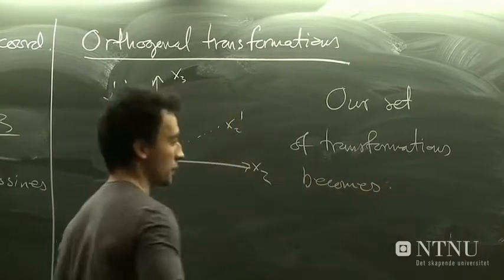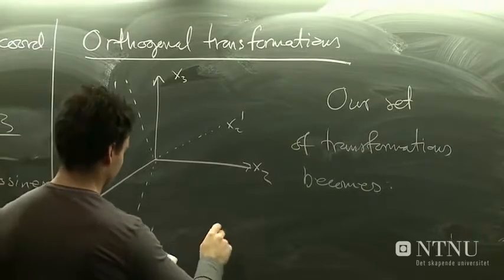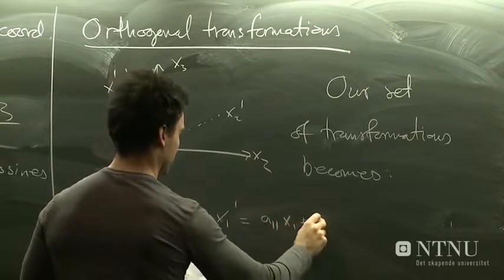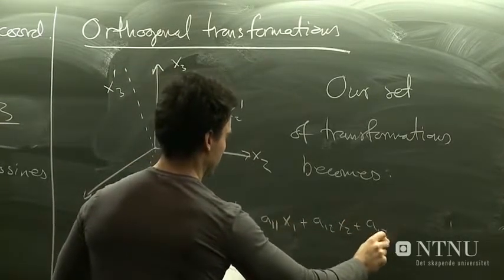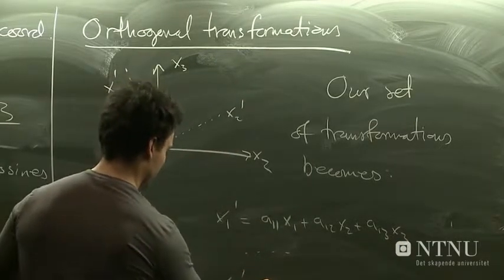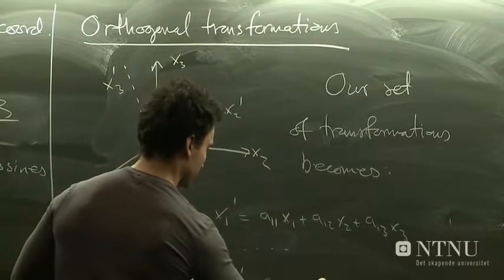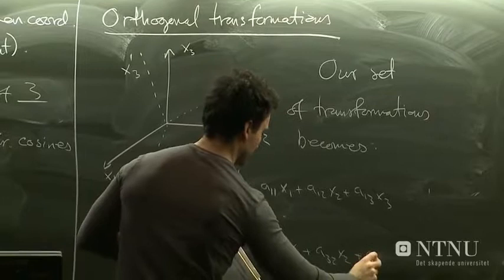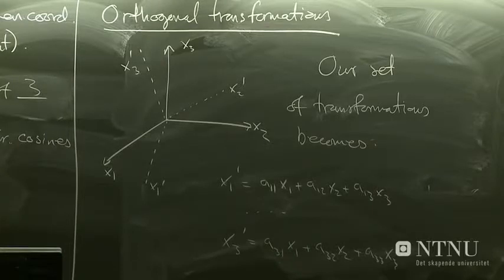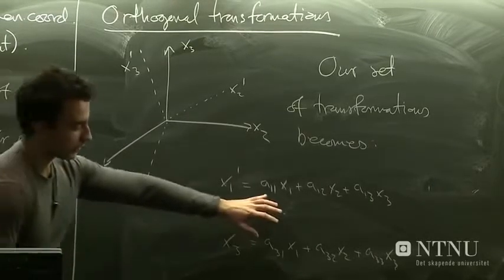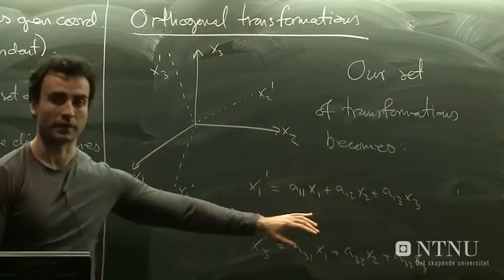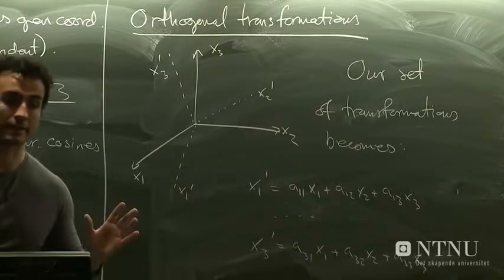So our set of transformations becomes like this, where I've now also renamed these directional cosines to A11, A12, etc. And this is to make them fit more easily into matrix notation.